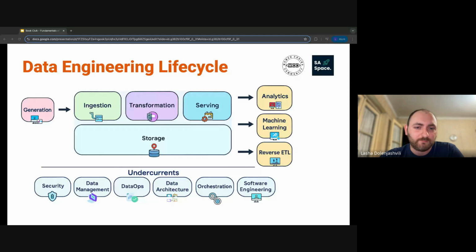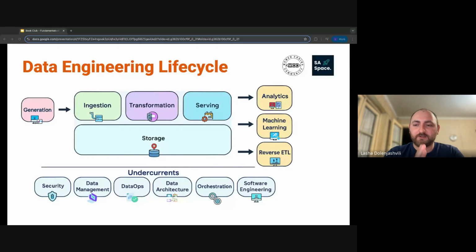For example, in my experience, the serving layer can be at the last stage, where the golden data sets are being used by different analytics teams. But it can also be somewhere in the middle, between the raw layer and the golden layer, where, for example, machine learning systems can take the data directly from the so-called silver layer.